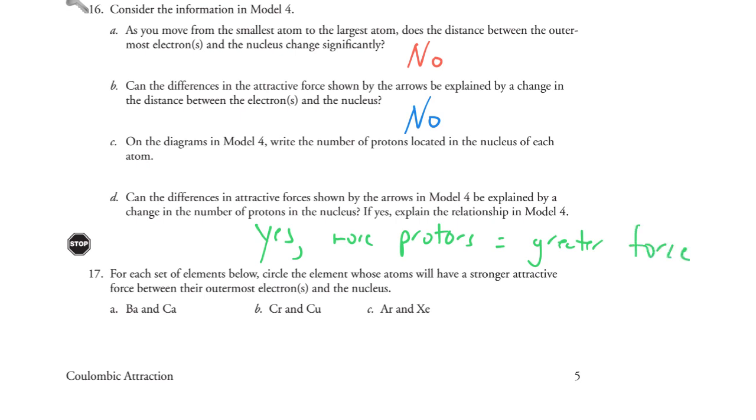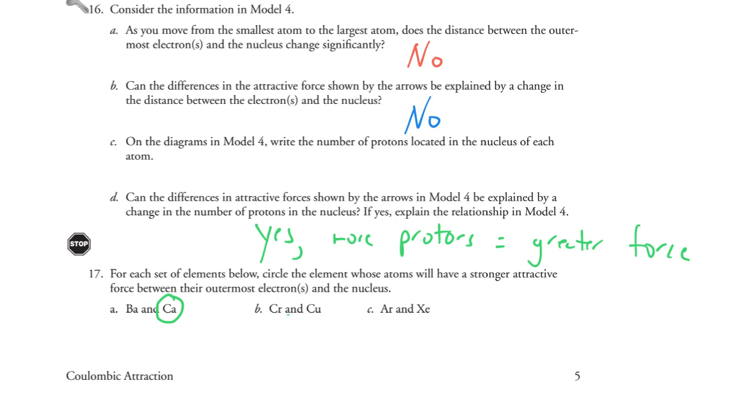All right, so for each of the elements below, circle the element whose atom will have the strongest attractive force between their outermost electrons and the nucleus. So barium and calcium. They are both group 2, but barium is much further out, so its valence electrons will be further away. Calcium wins that battle.